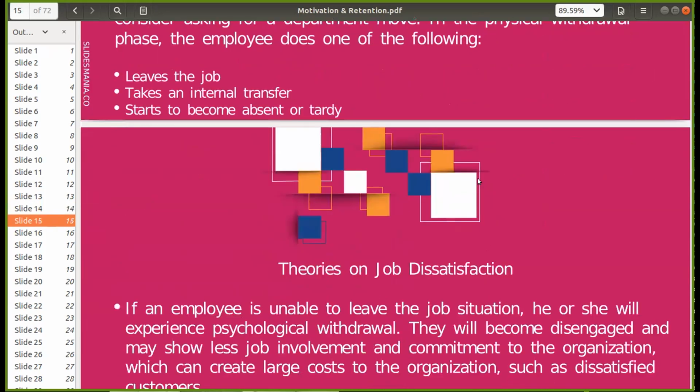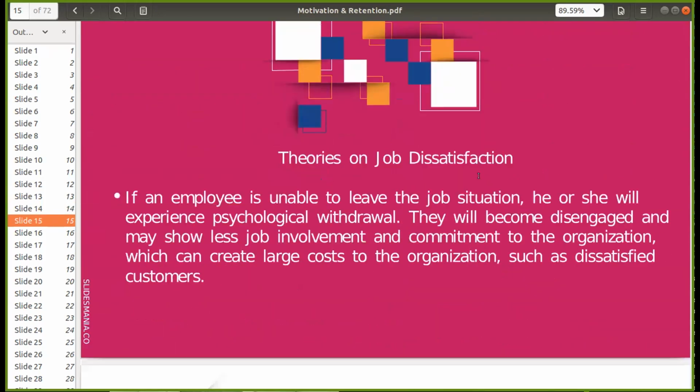Okay, sa psychological withdrawal, pag hindi nga niya naiwasan yung sitwasyon niya, ma-experience na niya yung psychological withdrawal. So dito naman, wala siyang pakialam. Okay, disengaged na siya, less committed, hindi na siya committed, wala, I don't care. Ganun yung kanyang prinsipyo na, no?